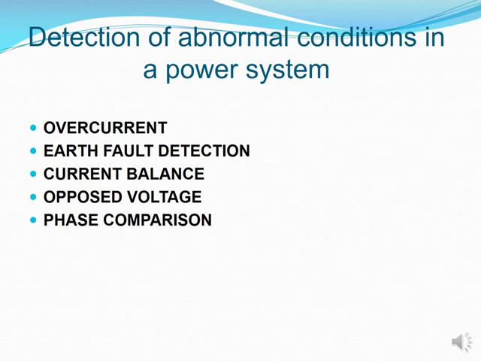So in this section, we are looking at exactly how we go about detecting these abnormal conditions in our power system. In other words, where do we put the devices so that we can provide this protection?